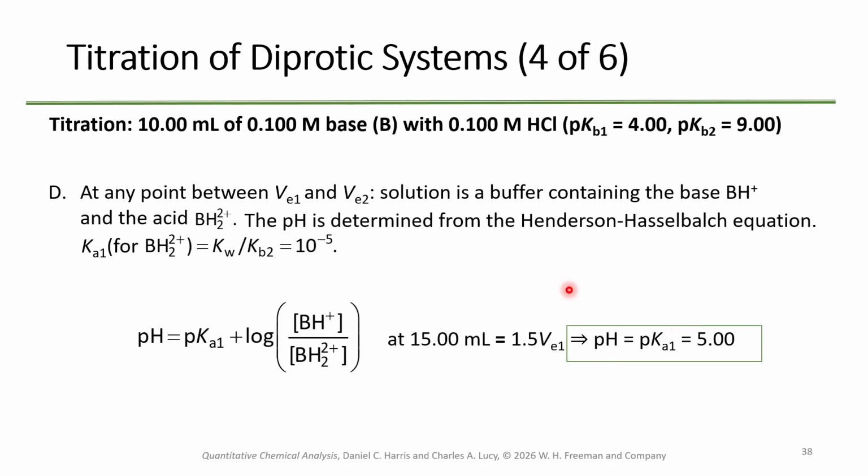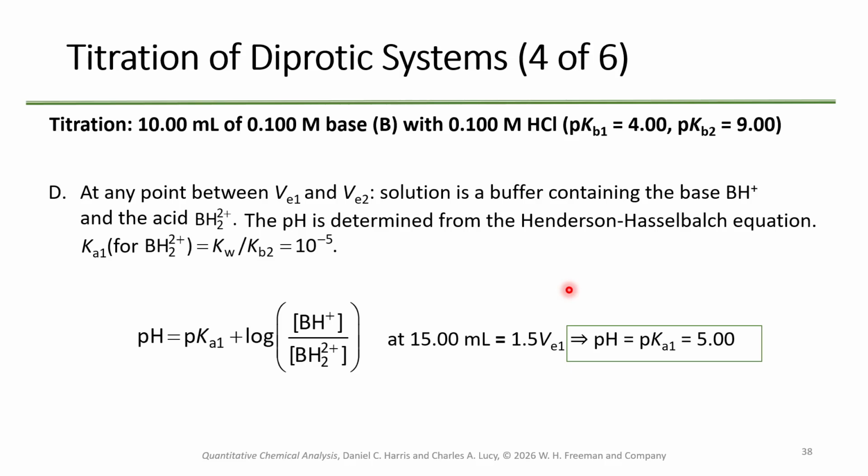So at the point between the VE1 and VE2, the solution will again be a buffer that's going to contain the base BH plus and the acid BH2 2 plus. Okay? So you're going to have your 1-protonation intermediate form as your base, and then you're going to have your 2-protonation acidic form as your acid. We're in the next buffer region. Is that making sense for everybody?